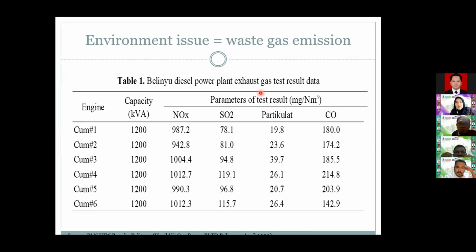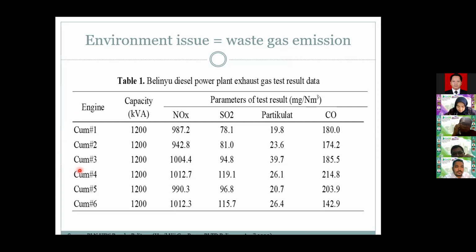Okay, this is the environment issue. This is the result of the diesel plant waste gas test. This test was held in April 2020 and the 6 machines have different results. The result describes the content of waste gas in a 12 hour test.